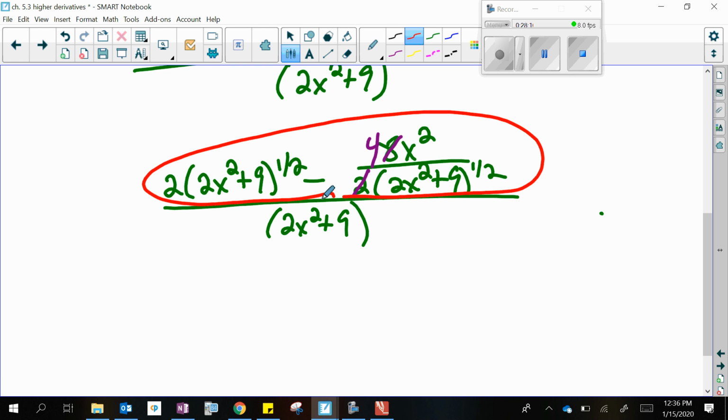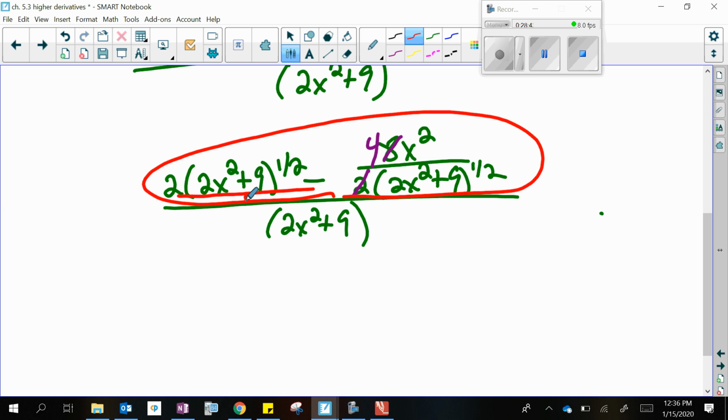What do we have here? We have a non-fraction minus a fraction. So we have to do what? Find a common denominator. Okay, it's okay. Don't be afraid. So consider this as like over 1, right? So just looking at what's circled in red, what's our common denominator going to be?